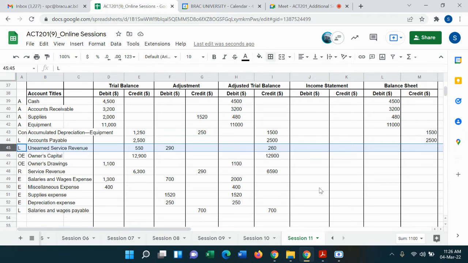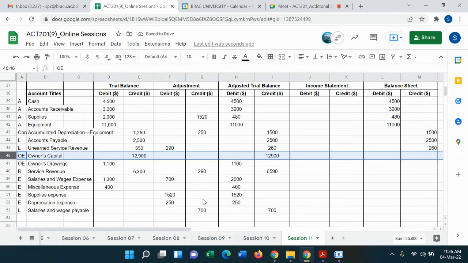So liability should be transferred to the balance sheet. How much? 260, credit balance 260. Owner's capital. What did I say? Only revenue and expense will be transferred to the income statement. All other information to the balance sheet.